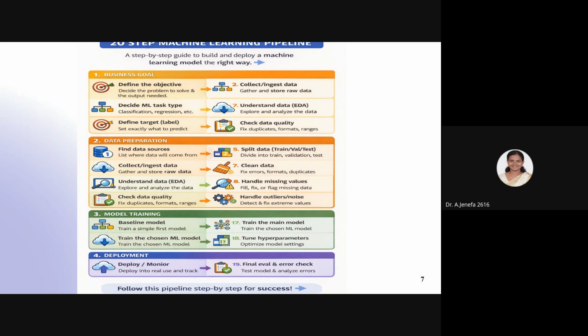We have to split the data set into training, validation, and testing. We have to explore and analyze the data. There are many tools available for exploratory data analysis. That has to be done properly before the data is sent to the ML algorithm to create the model.